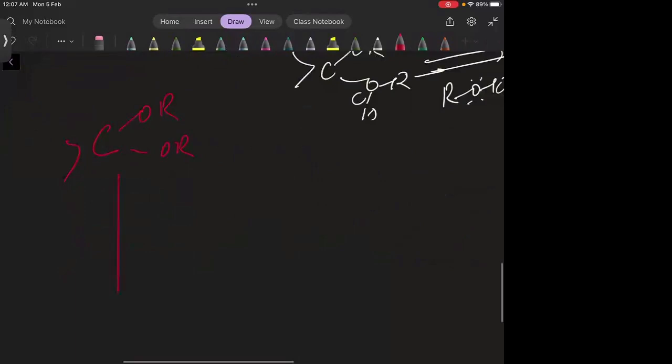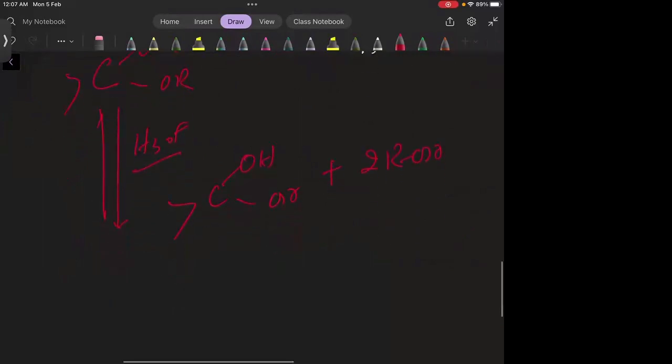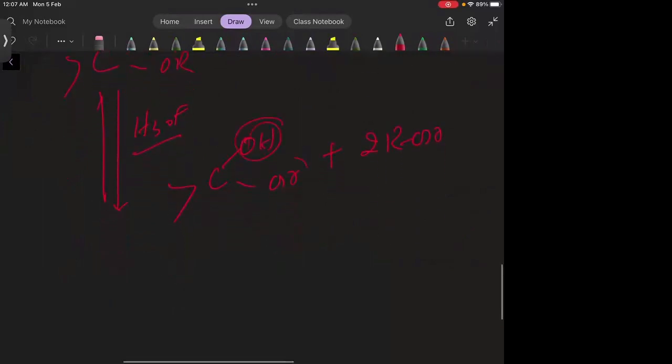So when you take water, H3O plus, that is the reversible process. In acidic medium, that will form the OH and OH plus 2 moles of ROH. So keep in mind, student, when two OH groups are on the same carbon, water is removed, dehydration will happen, and the carbonyl compound is formed.